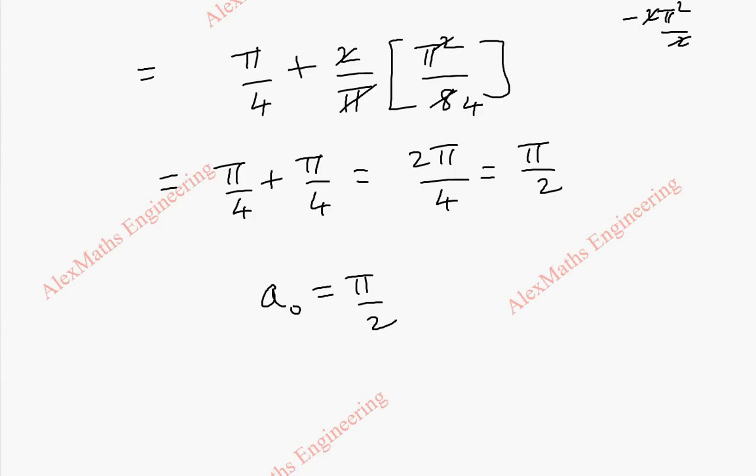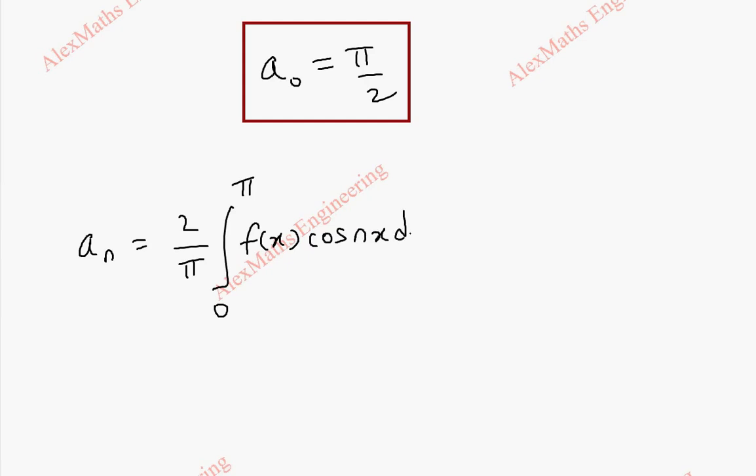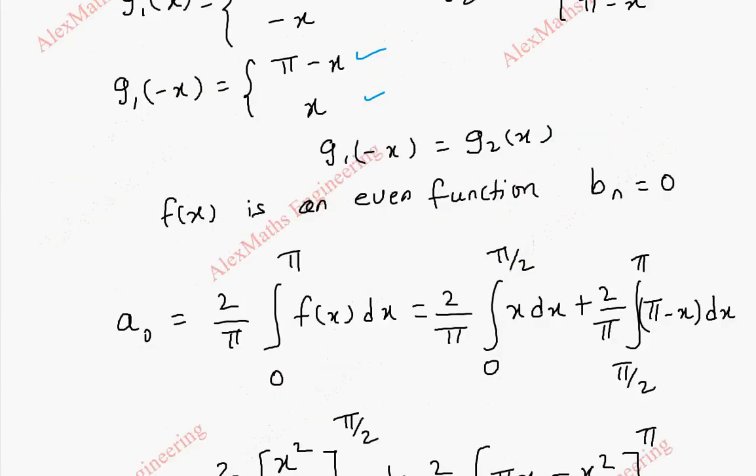So we got a0. Now we are going to find an. The formula is an equal to 2 by pi integral 0 to pi f of x into cos nx dx. So this is 2 by pi integral 0 to pi by 2, because from 0 to pi we have two parts, and the first part, 0 to pi by 2, is x.